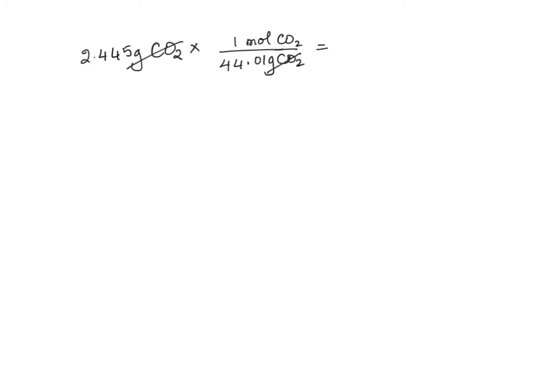So, 2.445 grams of carbon dioxide. If you think about it, how many moles of carbon dioxide is it? 44.01 grams of carbon dioxide is 1 mole of carbon dioxide. So this will come out to be 0.05556 moles of carbon dioxide.